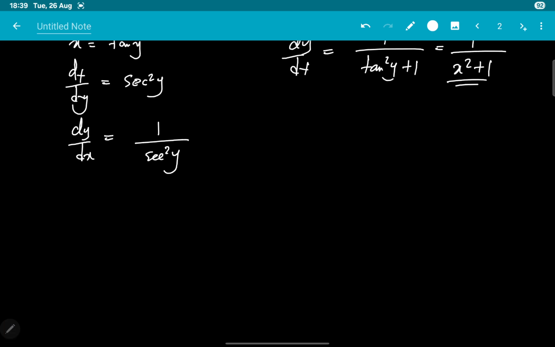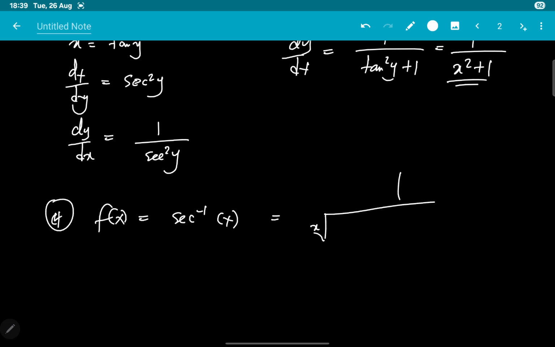Can you find it if I give you f of x equal to sec inverse of x? It will give you 1 over x times the square root of x squared minus 1, if I'm not mistaken.